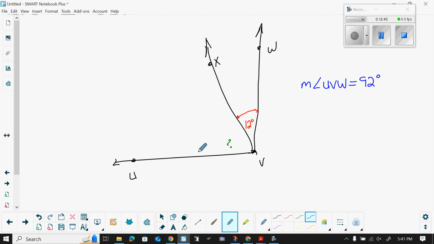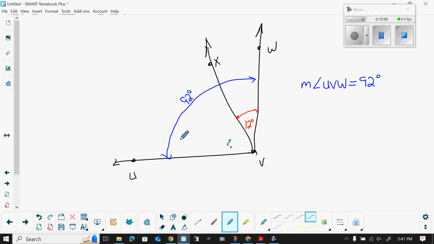Now UVW would be the angle that starts over here on this side, so one that goes from here all the way over, ignoring that line, to here. And it's saying what is the measurement of that angle, and it's telling me that this is 92 degrees.